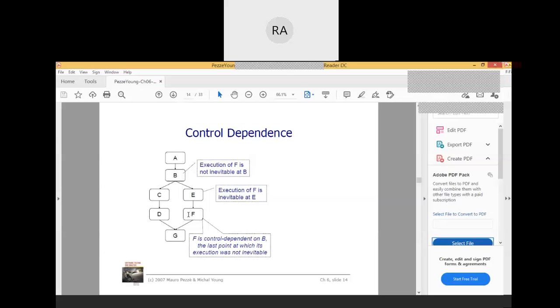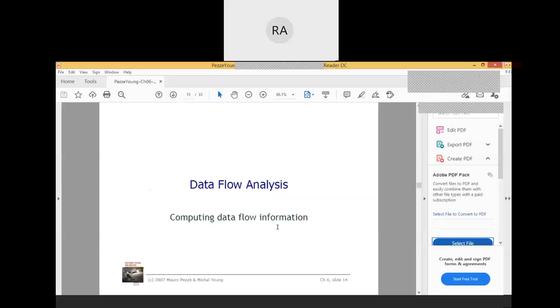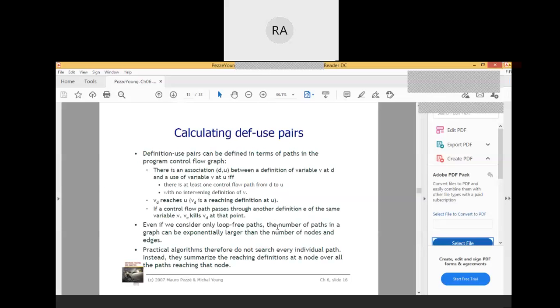That's how you can explain post dominators. Then we have something called data flow analysis. That is how we can compute the data flow information.